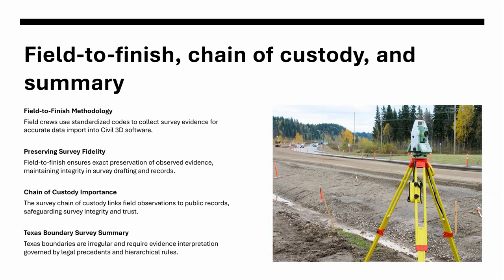Jones, and Hicks v. Lovelace give us the rules for weighing evidence. The hierarchy of evidence, natural monuments, artificial monuments, adjoiners, course and distance, and area, governs how conflicts are resolved. And field to finish, especially as practiced by TxDOT, will preserve evidence from observation to plat.